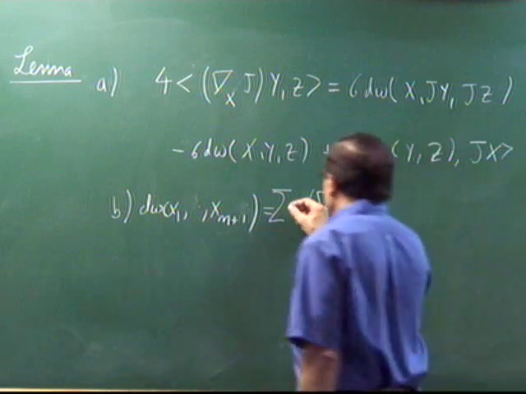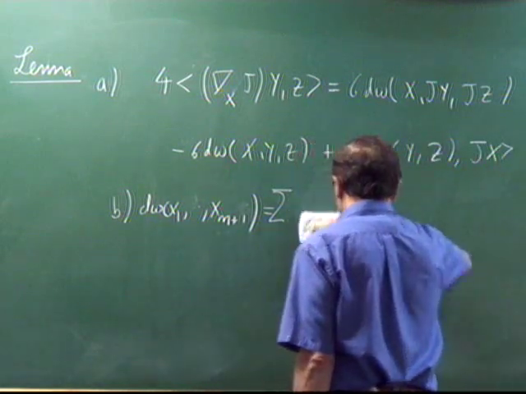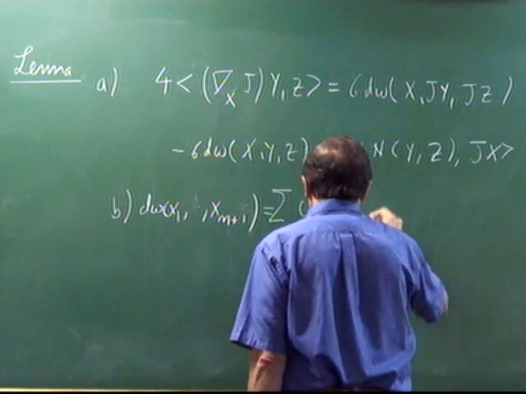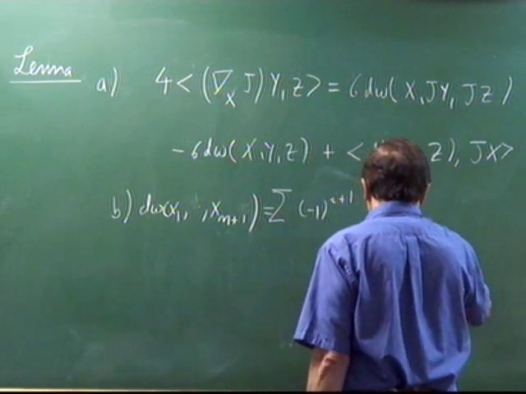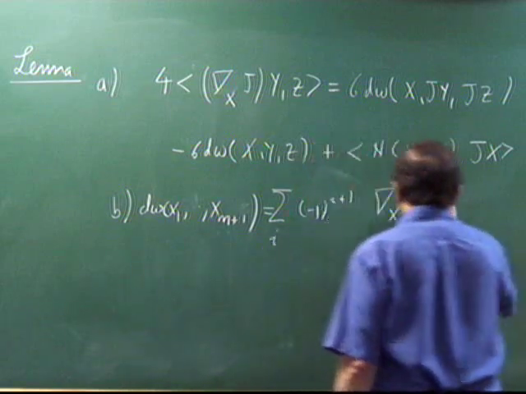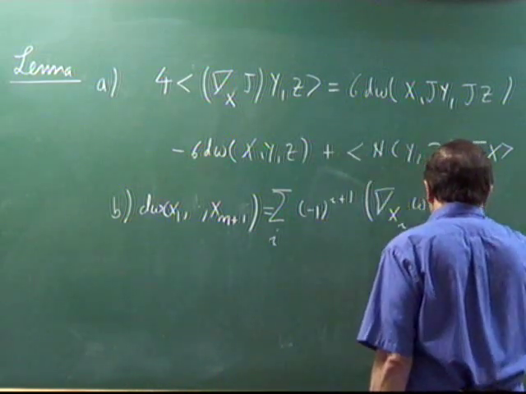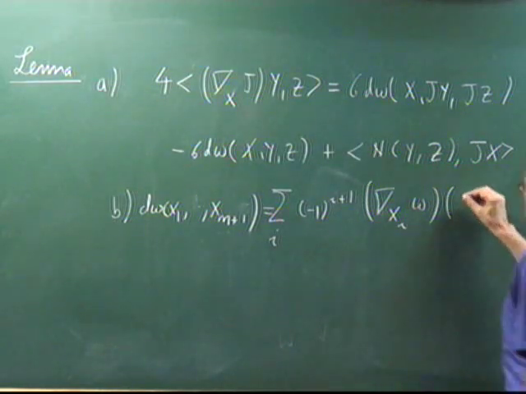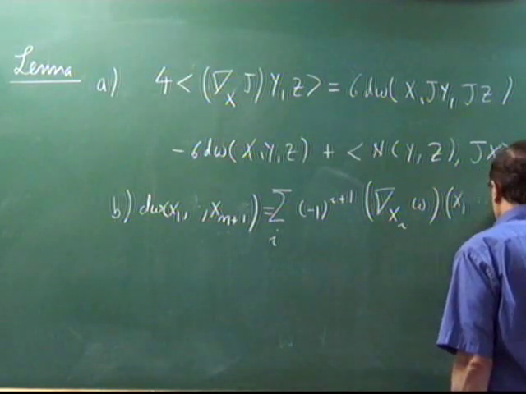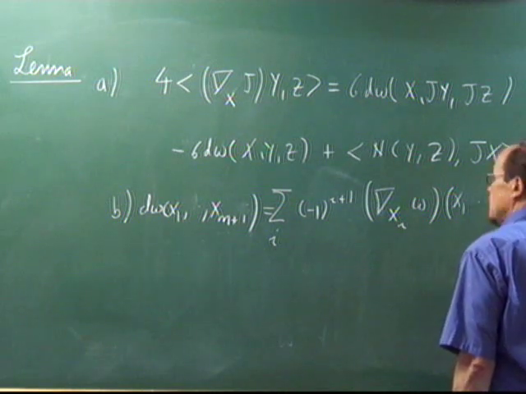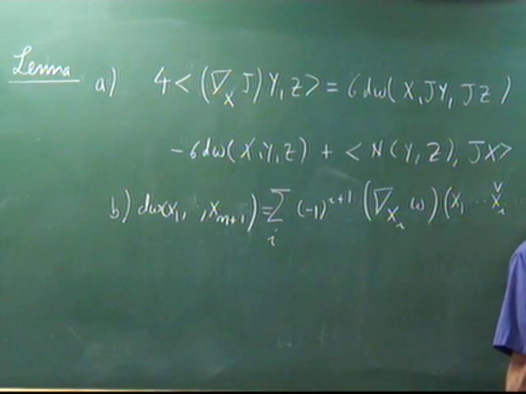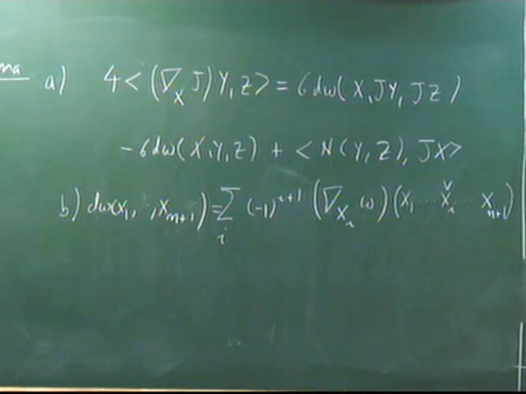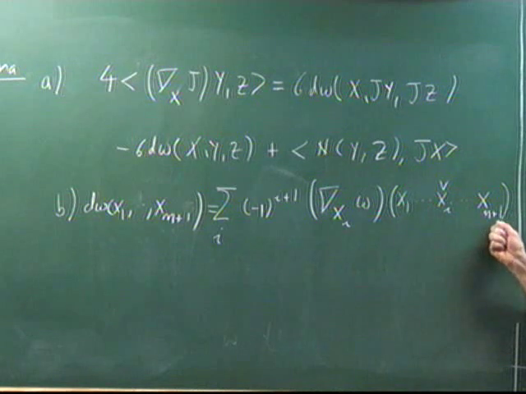So how do I do that? I multiply here with minus 1 to the i plus 1 nabla xi omega. Now I have n vector fields left over, but I have to remove this one. So this here is a standard notation where you remove xi and plug in the remaining n vectors here.